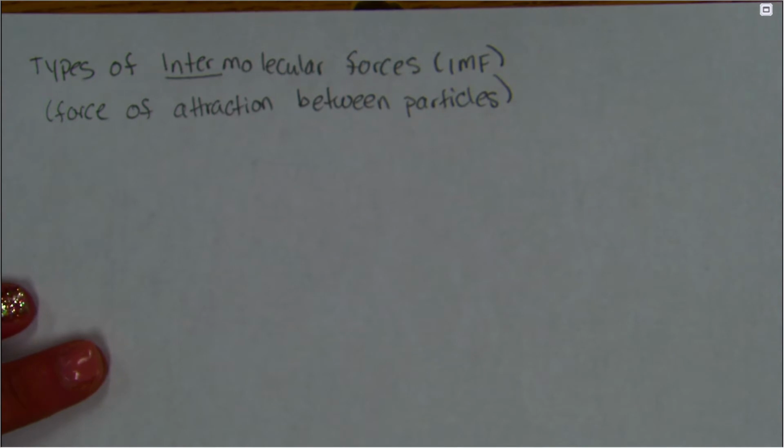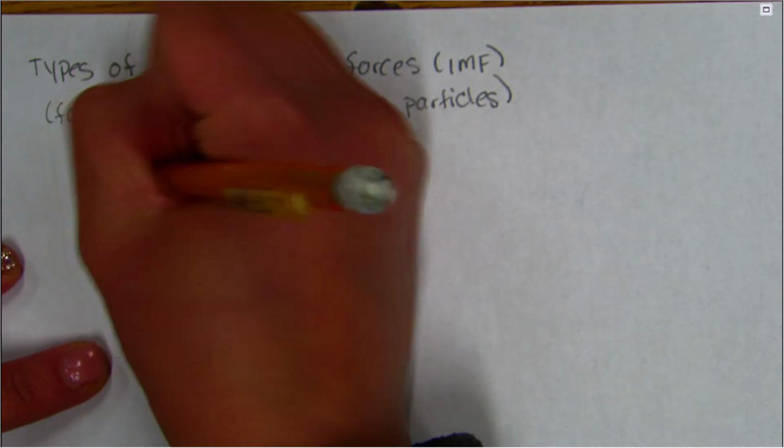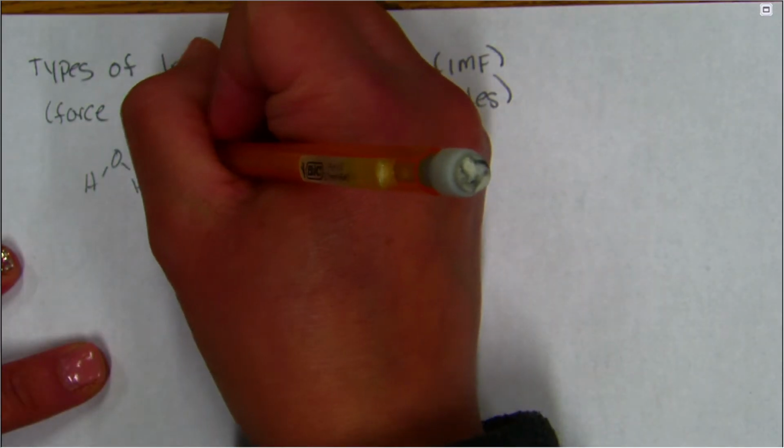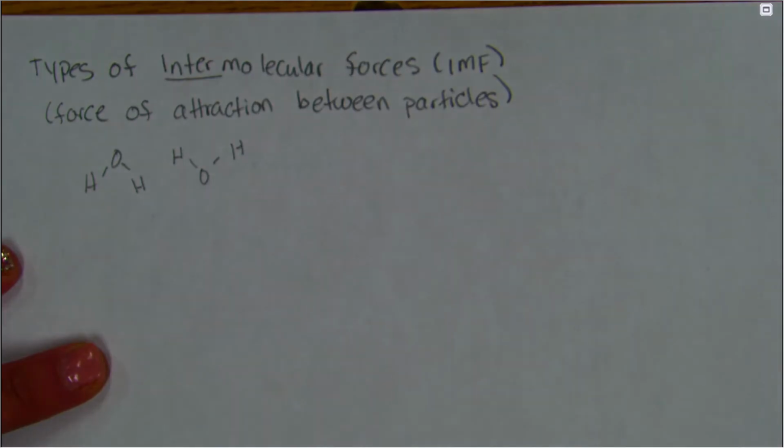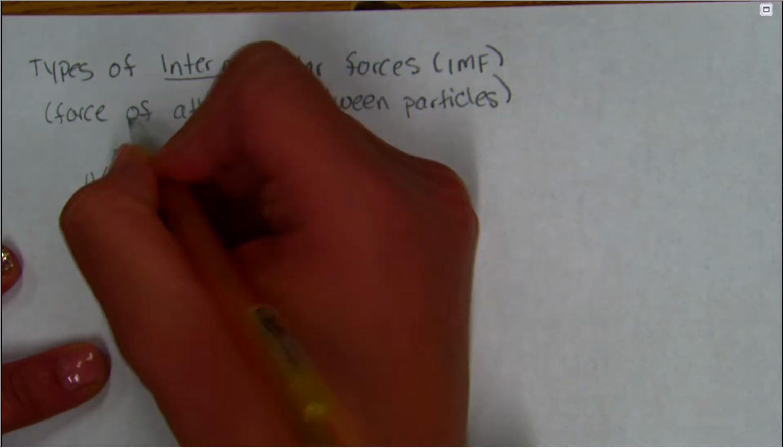Okay, this is different than intramolecular forces. So if we were to look, for example, at water, water has an attraction to water. We know water is polar, causing a partial positive end and a partial negative end.